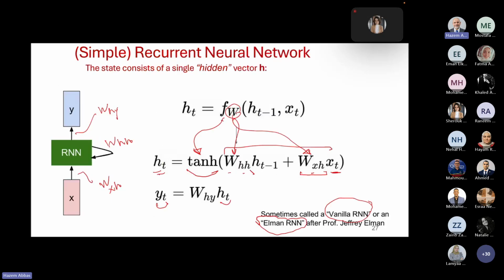At the time, it was called the Elman network. This was the very first recurrent neural architecture that was proposed in the 80s, as you can see here. So we need to learn this one, and this one. As in any other neural network, these weight matrices need to be learned.